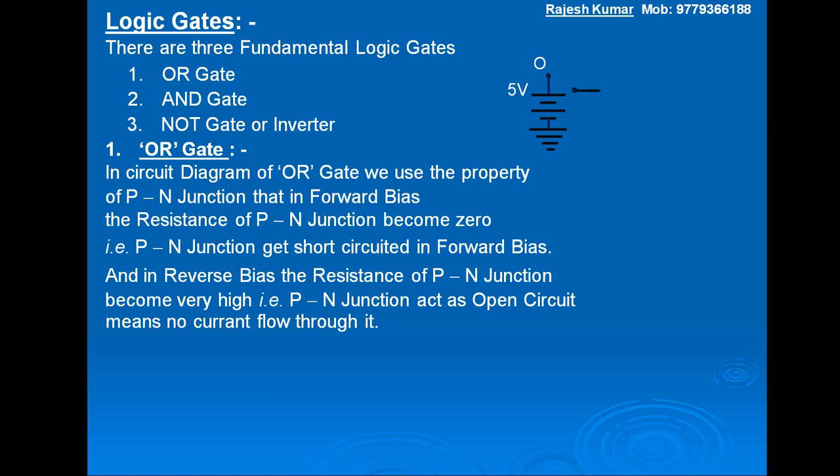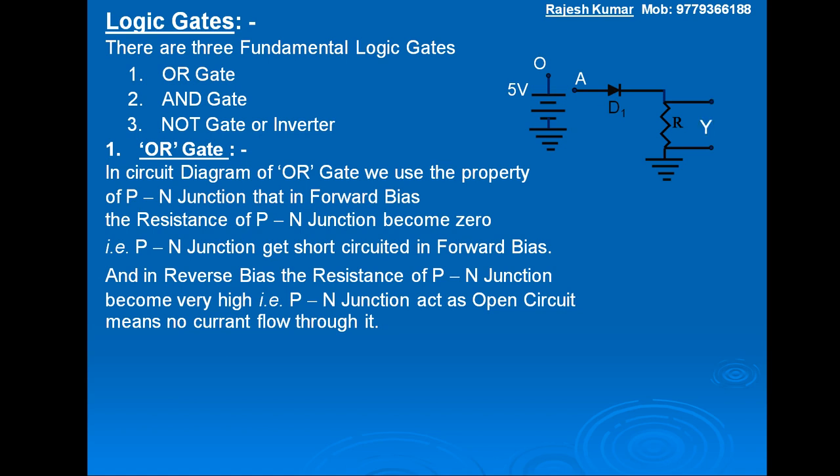Now this is for input A, a PN junction D1, the P type semiconductor of which is connected to point A, and the N type semiconductor is connected to earth through a resistance R, and across the R we get the output Y.